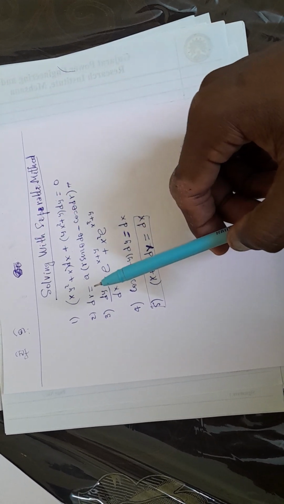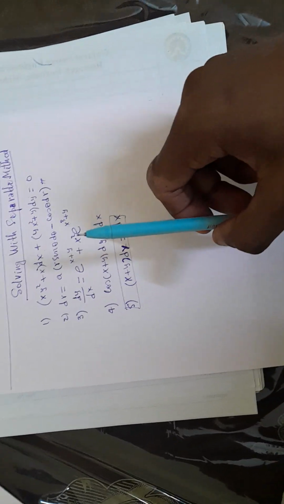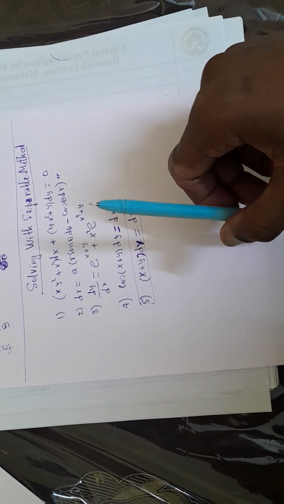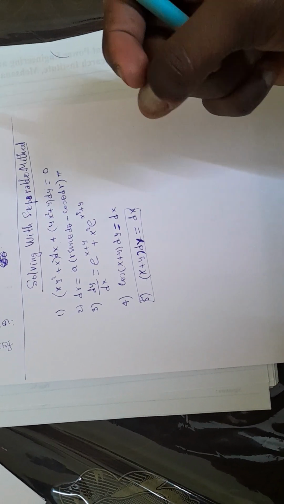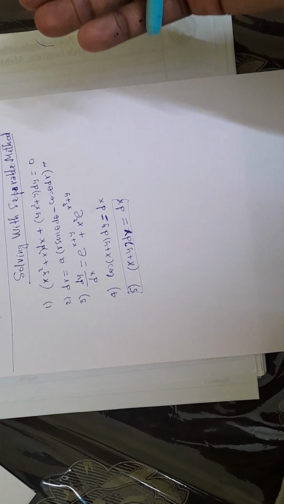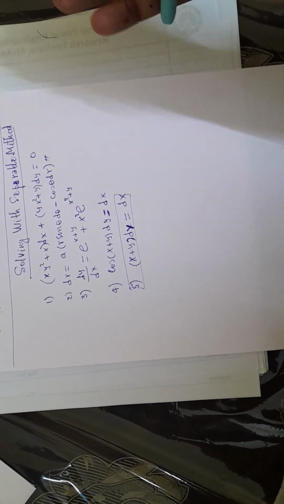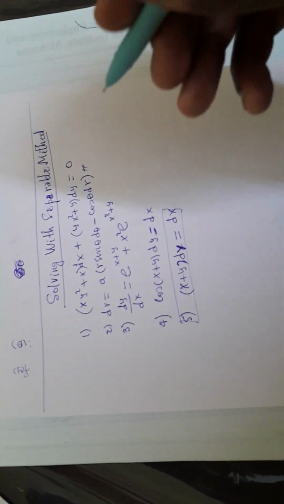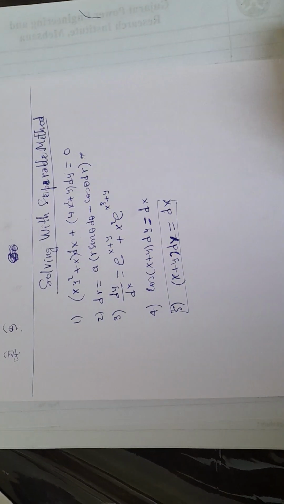As long as the differential equation satisfies the conditions of any of those methods, you can solve it by any of them. But the most important thing is that you have to check the condition before you start solving. Now let us keep on with this exercise.